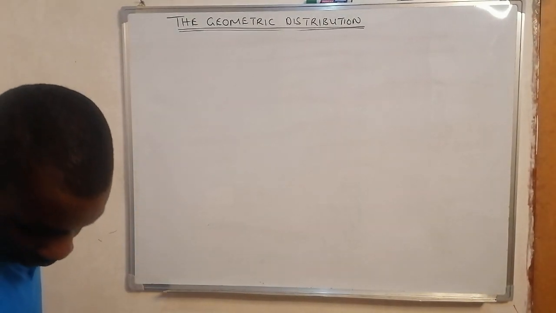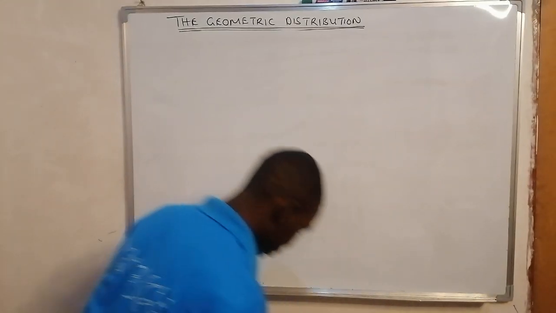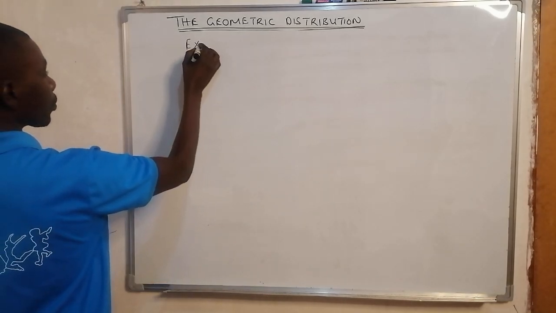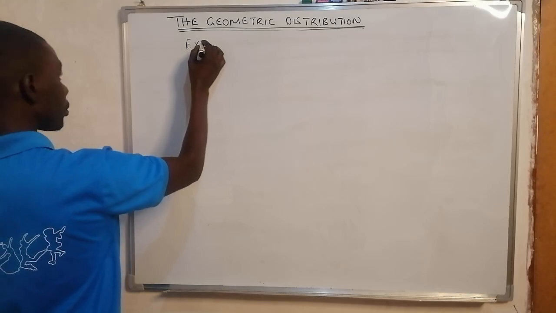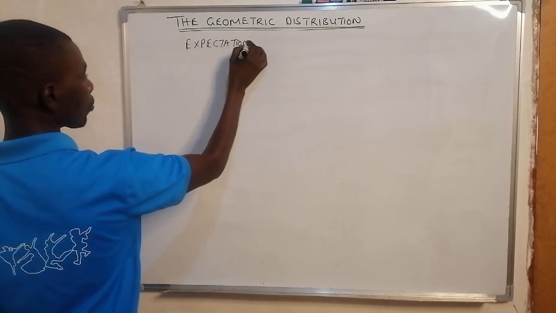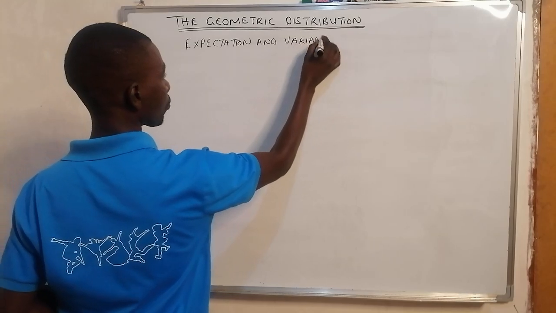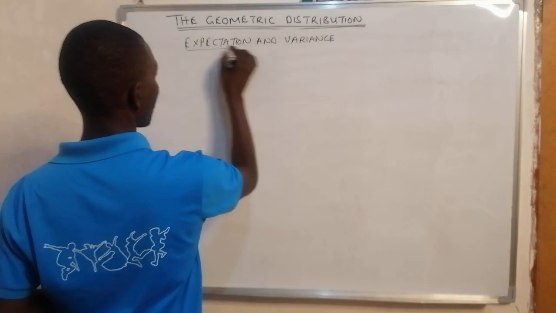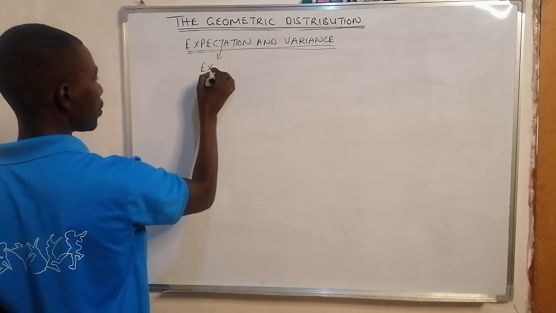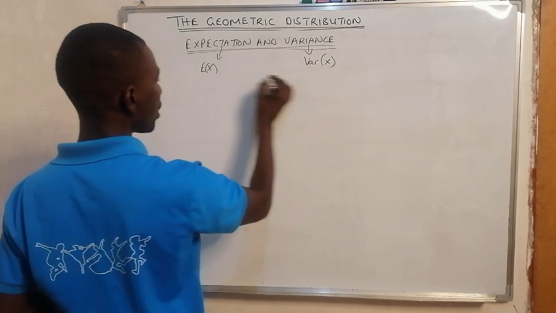Remember, expectation, we can write it as E of x, and variance, we can write it as variance of x.